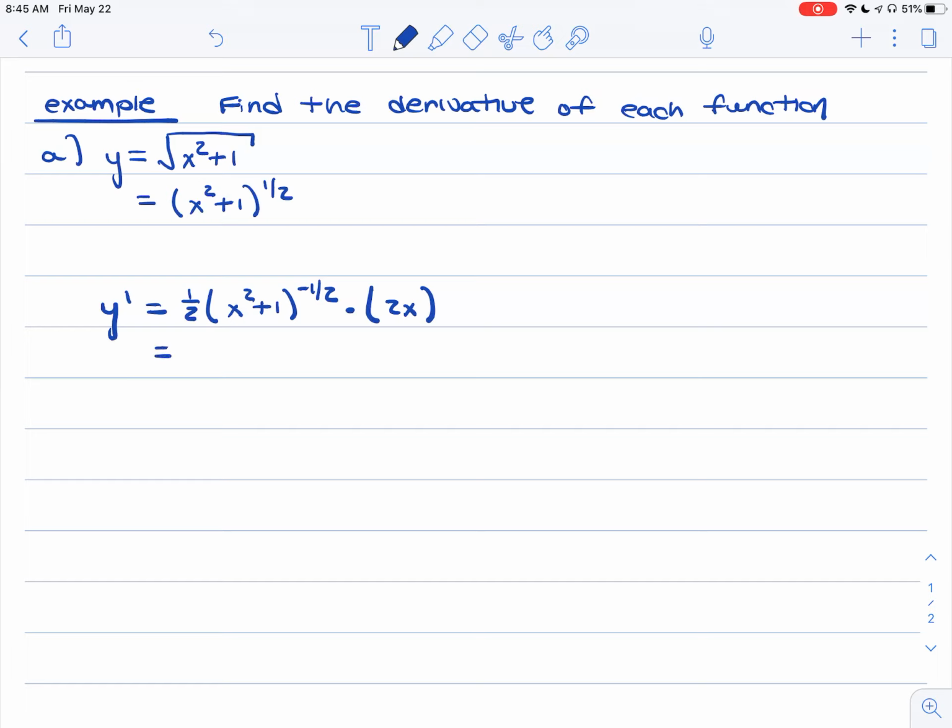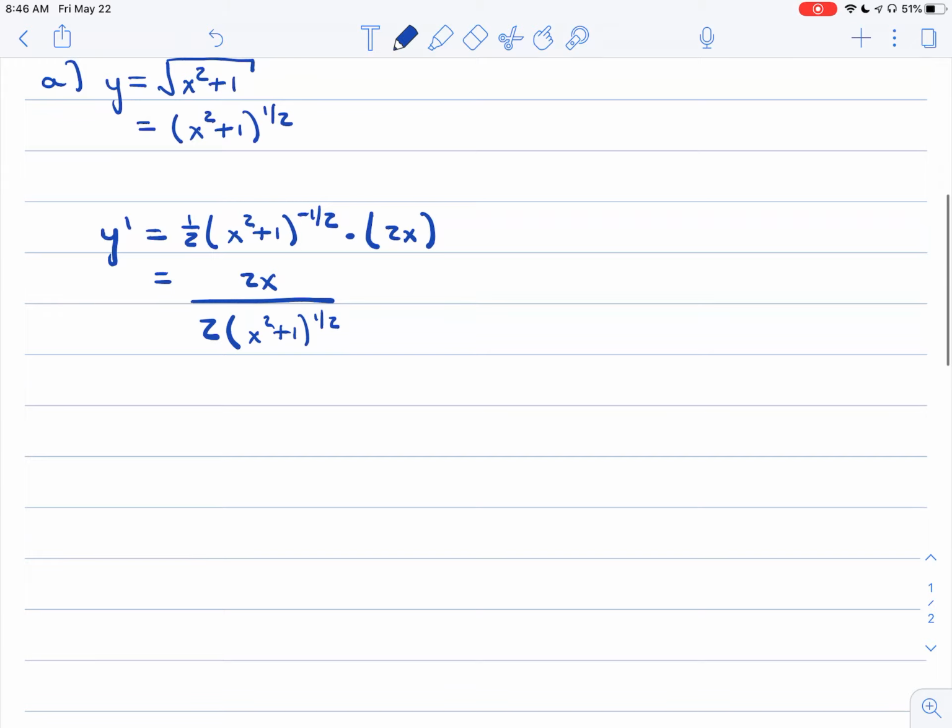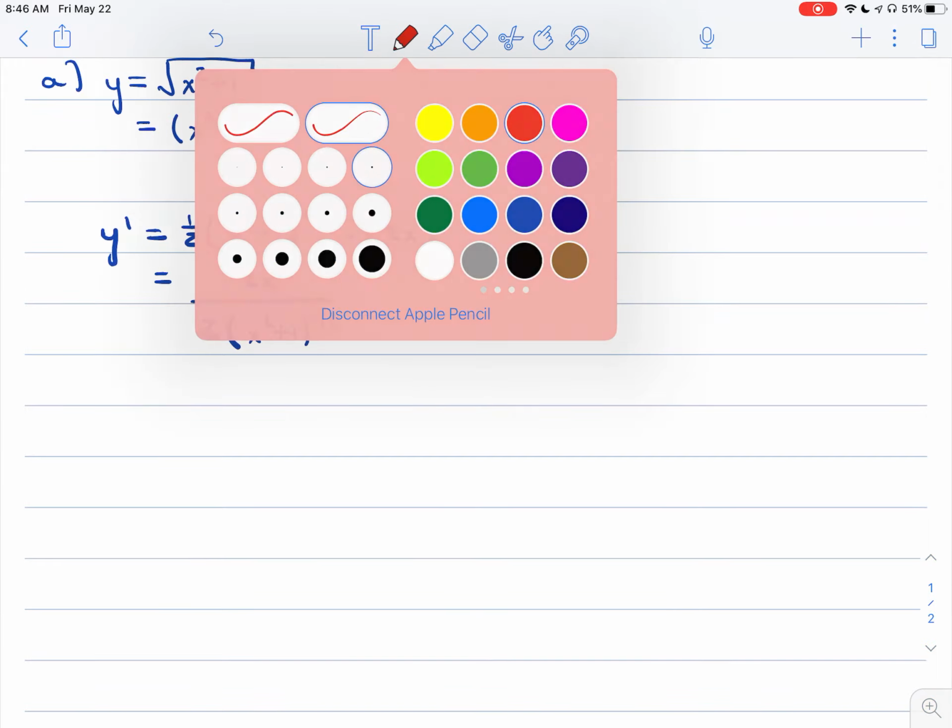So my 2x is going to be in the numerator. The 1/2 here is going to put a 2 on the bottom. And then since we have the negative 1/2 exponent, that's going to go on the bottom as well. So x squared plus 1 to the 1/2. All right, and then we can just simplify this a little bit.